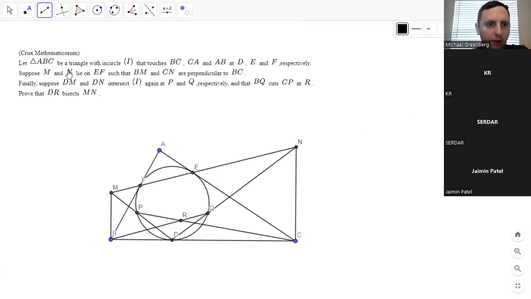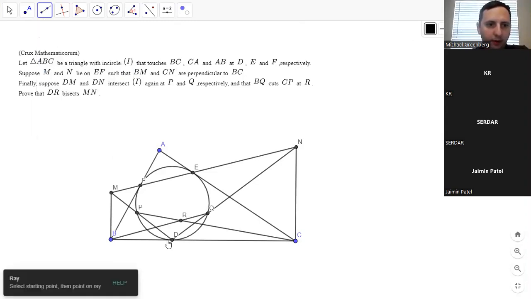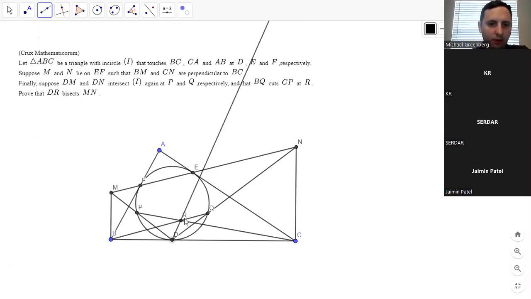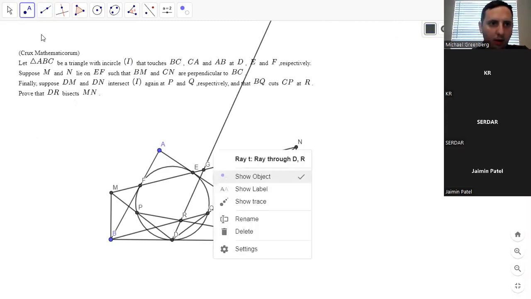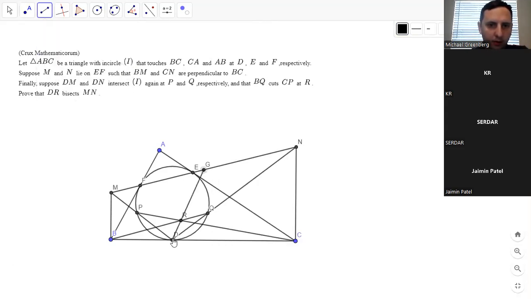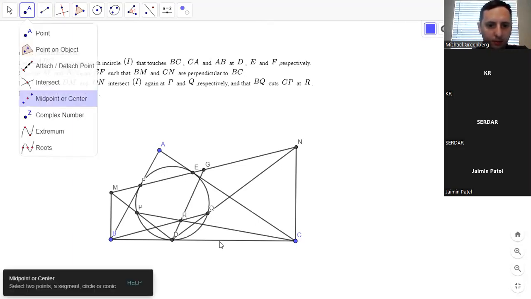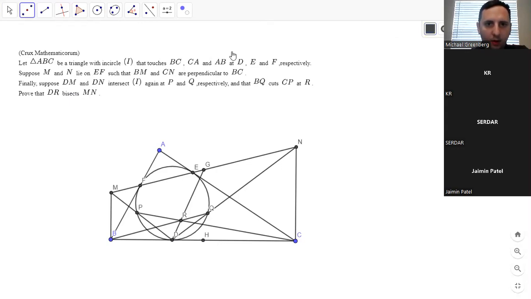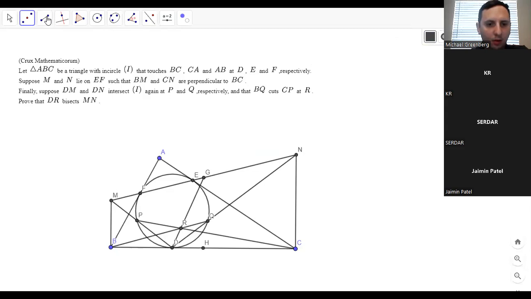Let me draw the ray DR, and let me draw in the segment, and also draw the midpoint of BC, and intersect the A-median with EF.